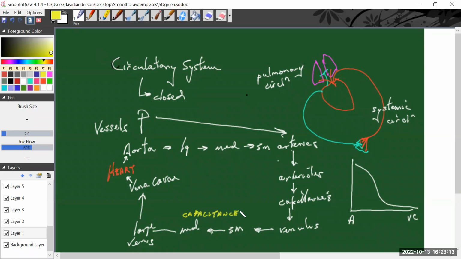In other words, they expand and receive large volumes of blood, probably in the vicinity of 60% of total blood volume when we're at rest is going to be found on the venous side. Remember, the veins were dependent on skeletal muscle pumps and one-way valves for venous return.